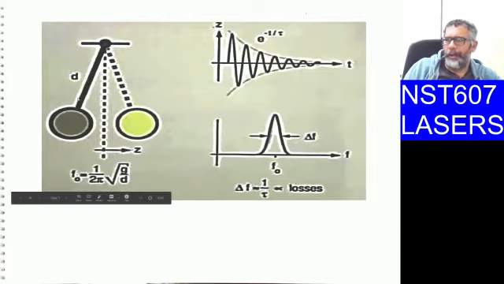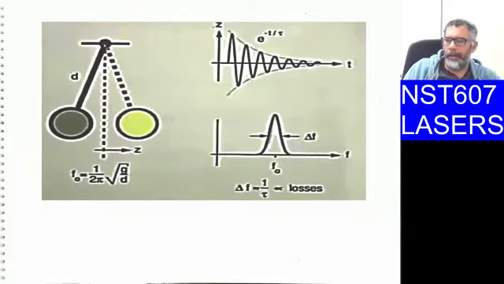You just have a string which is fixed to an attachment point, it might be a ceiling or some fixed point, and the other end of the string is attached to a solid mass. If you deflect the string with the mass from the vertical line and release it, it will swing back and forth. It's the usual simple pendulum.